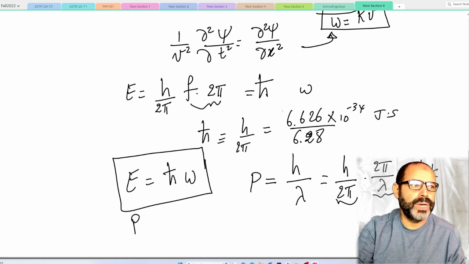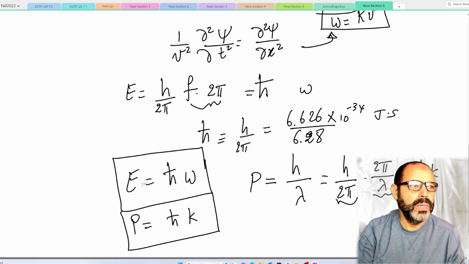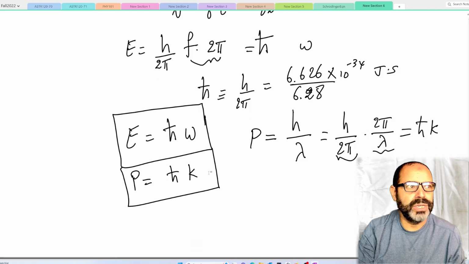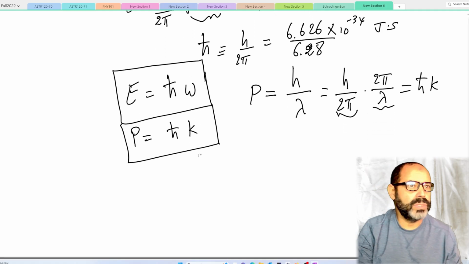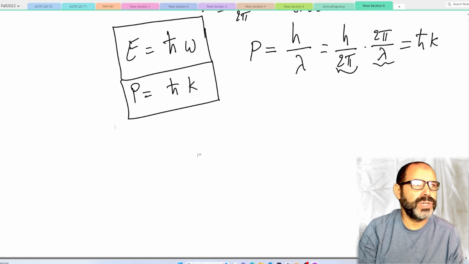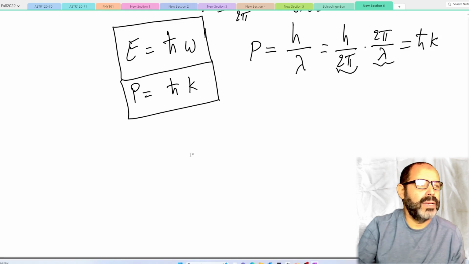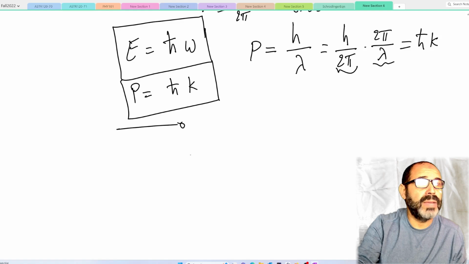So this is h bar k. So good. So right now we know that light can have a particle behavior by having a momentum and also having its energy, and both of them are proportional either to the wave number or the angular frequency. De Broglie suggested, and later on of course it was used, that particles also do the same thing.